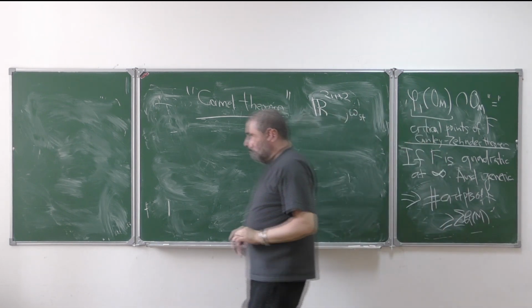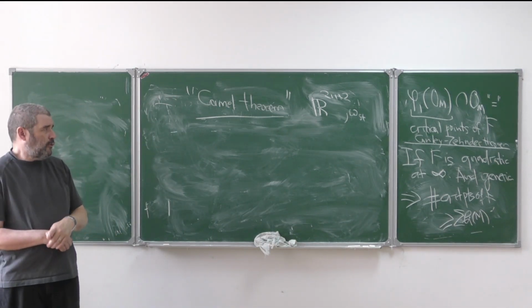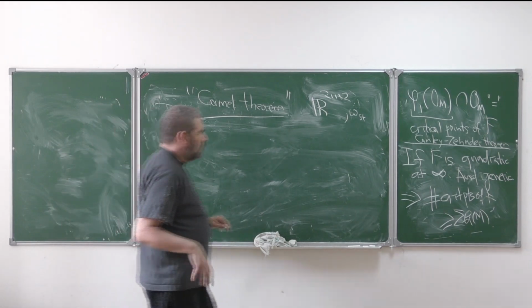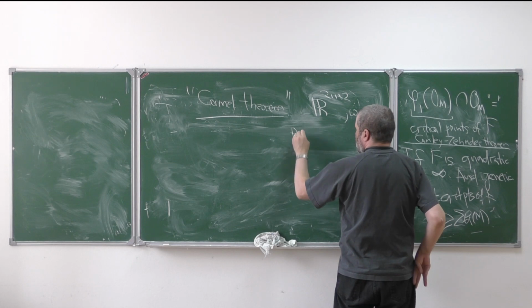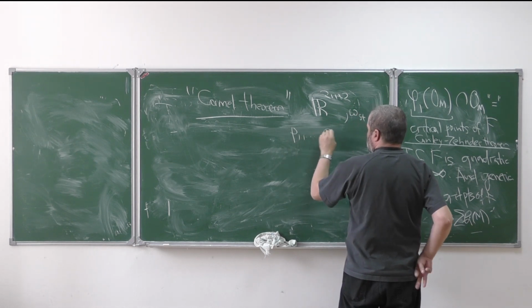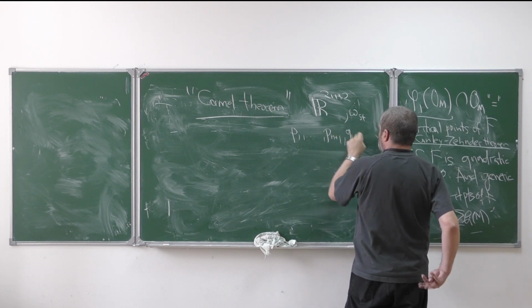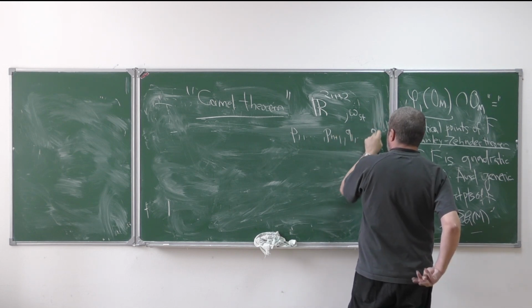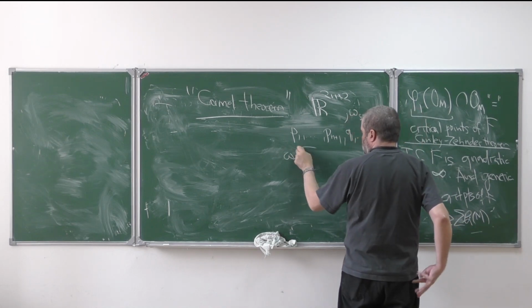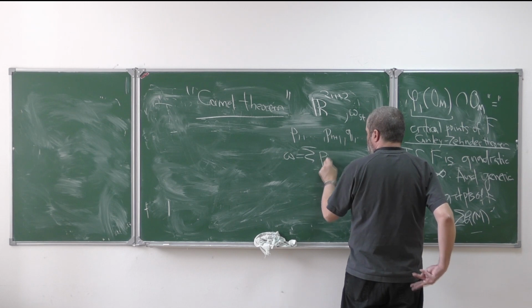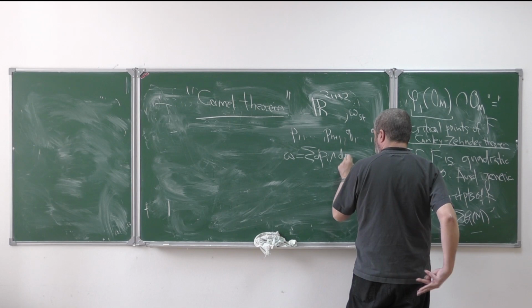Standard space, with standard coordinates p1, ..., p_{n+1} and q1, ..., q_{n+1}, and the form is the sum of dp_i ∧ dq_i.